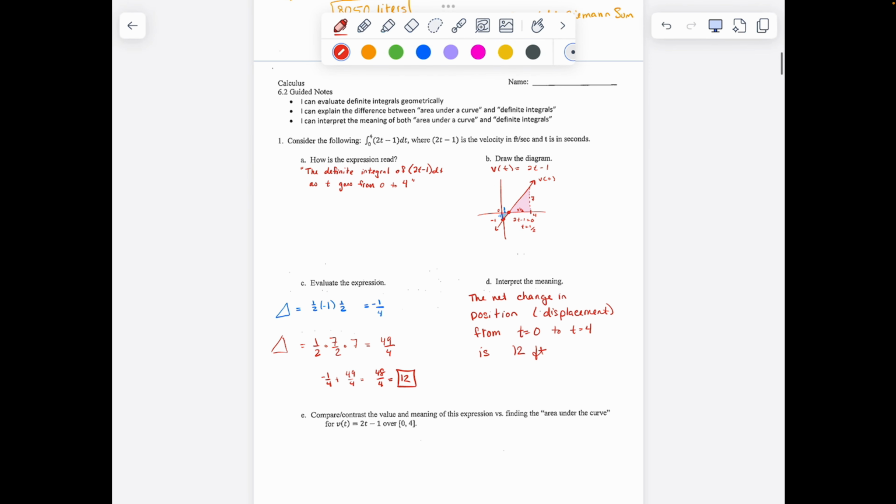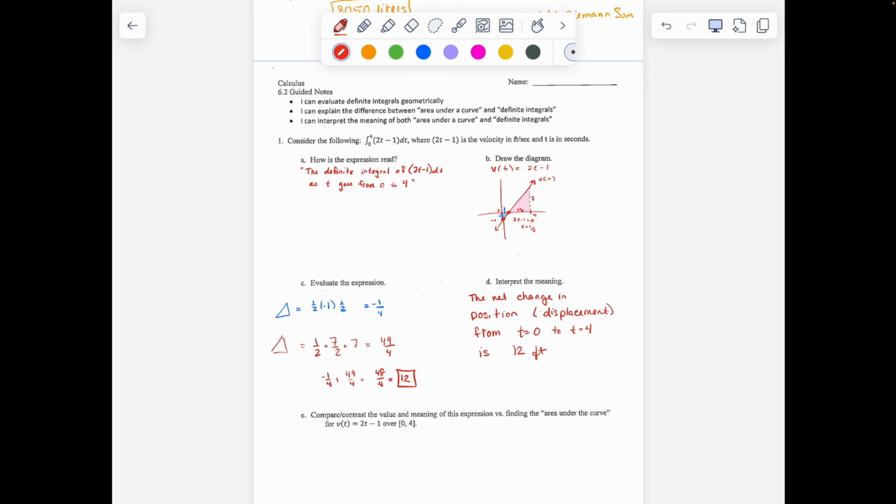So that meant my particle was moving left, moving right, and I'm not talking about the total distance that it traveled. I'm talking about how far away this point to this point ended up being. Displacement is just how far the ends are.